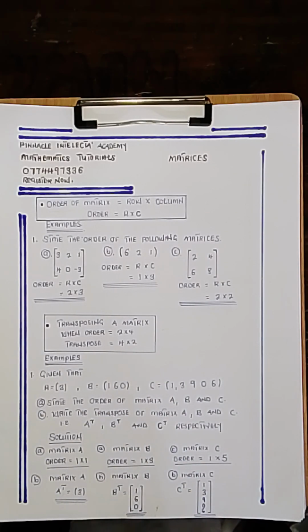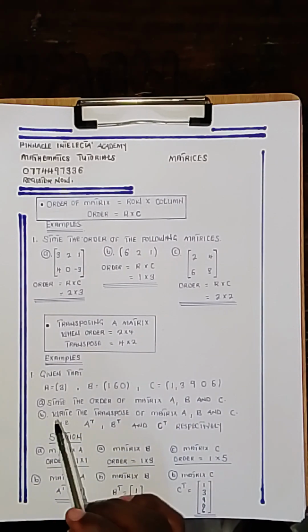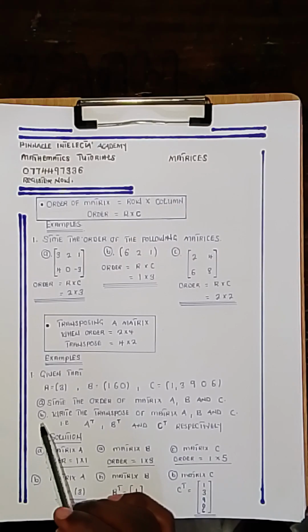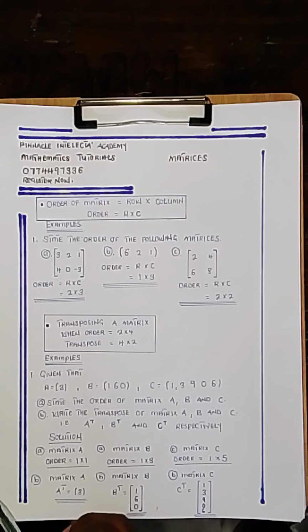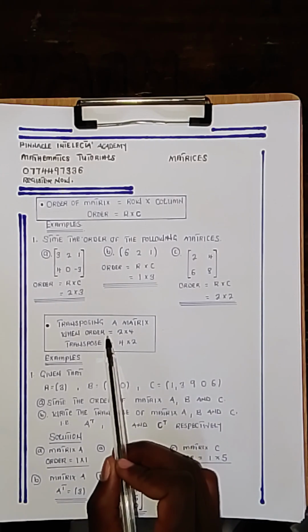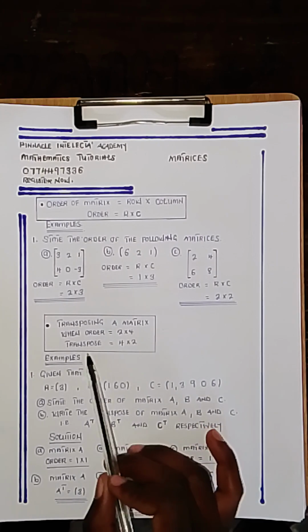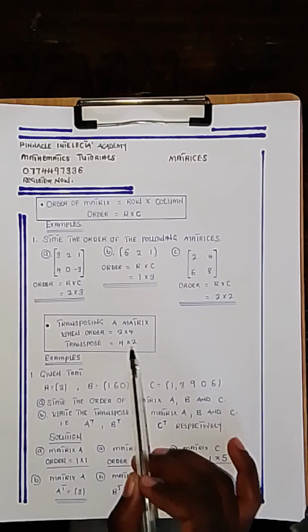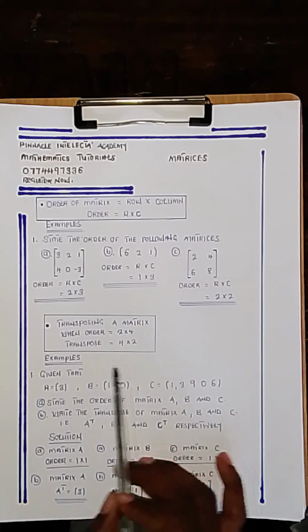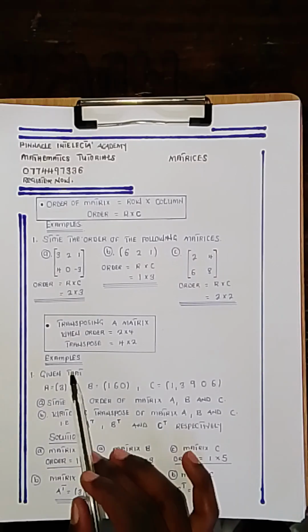Let's move on to transposing a matrix. For example, when the order of a matrix is 2 by 4, then its transpose will be 4 by 2. It's just becoming the other way around. So let's look at an example.